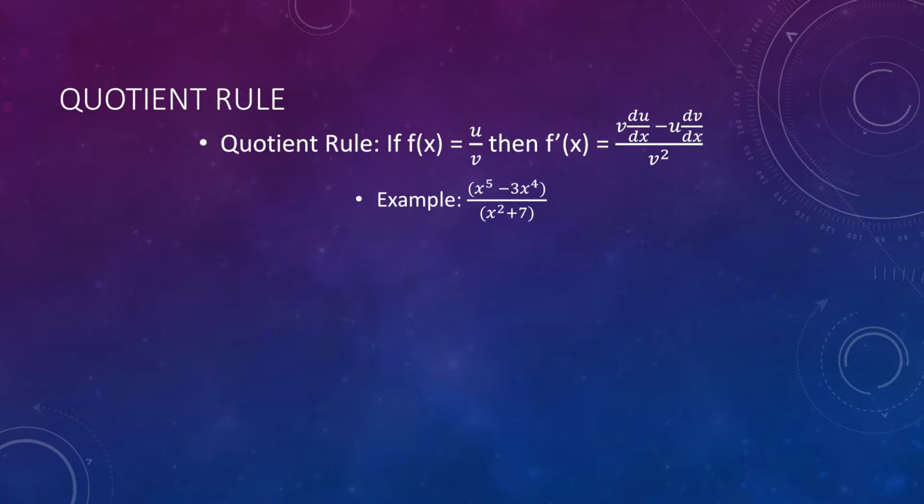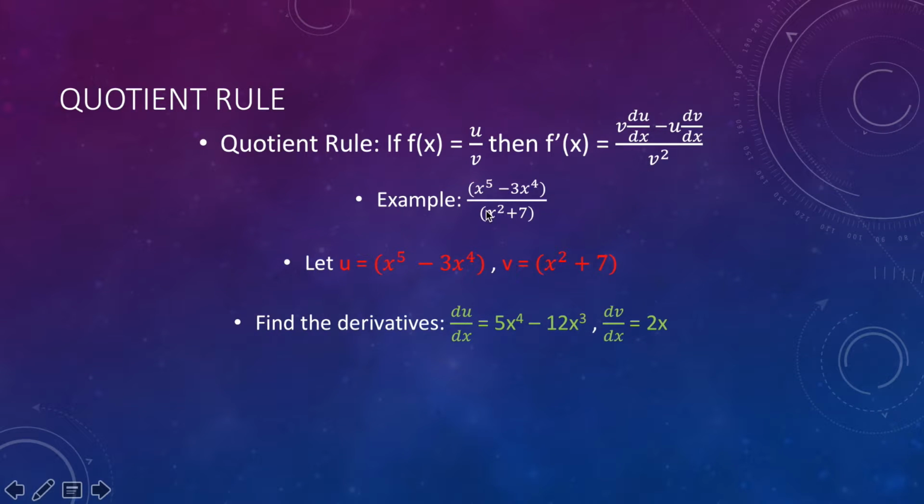Alright, so now we're going to cover the quotient rule. So if f of x equals u over v, then the derivative of f of x equals v times the derivative of u minus u times the derivative of v, all over v squared. So let's take a look at this function right here, for example. If I asked you to take the derivative of that, then you'd first let u equal the top part, and you'd let v equal the bottom part.